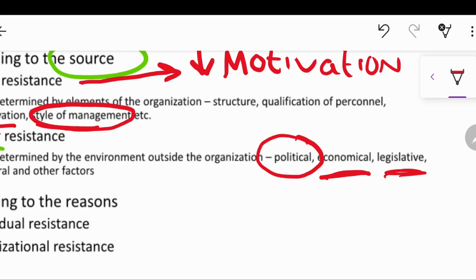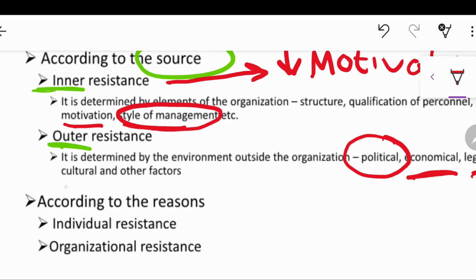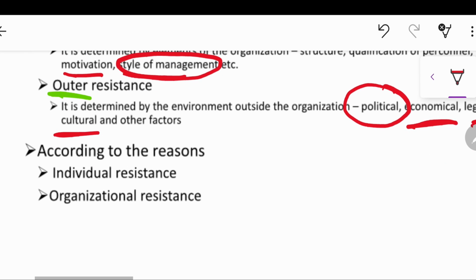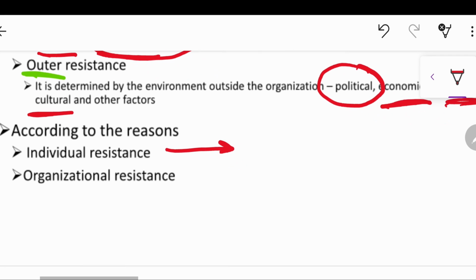Maybe there is some legislation or cultural factor which basically makes a barrier towards this. There could be reasons. Individual resistance. This basically describes individuals, perhaps nurses or other workers. Individual resistance.